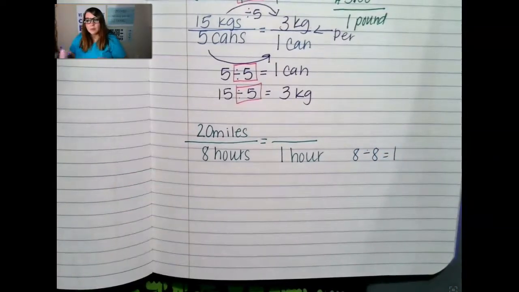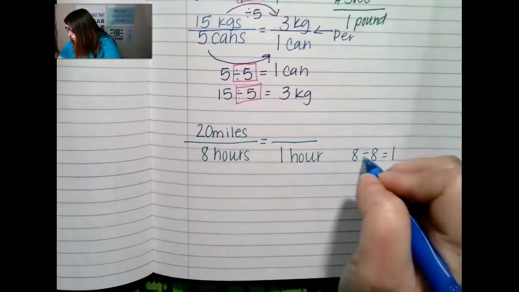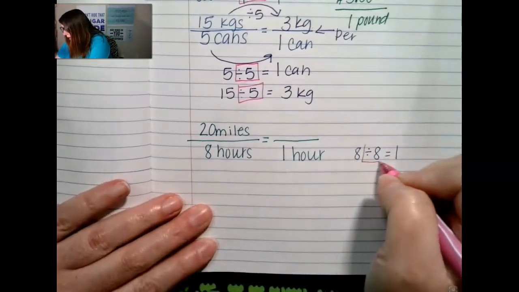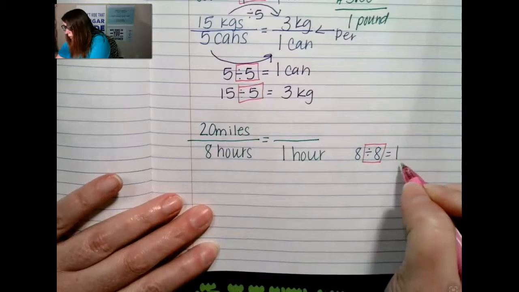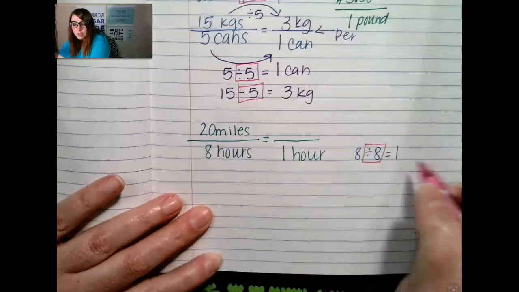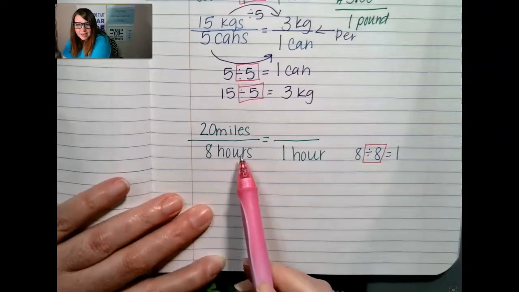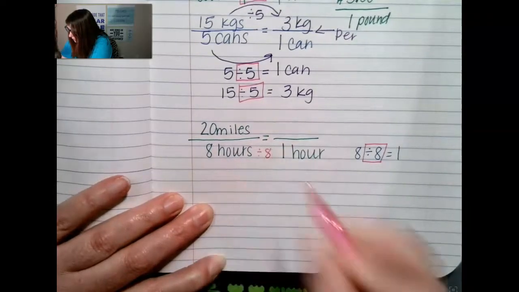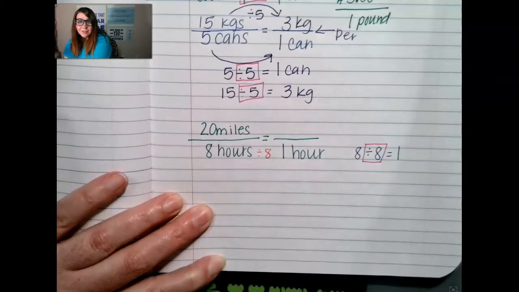So the number that caused the change, the number that forced the change to happen, is this divided by 8. And that's how I got to 1 hour. So if I divide by 8 on the bottom, that means then on the top, I also have to divide by 8.